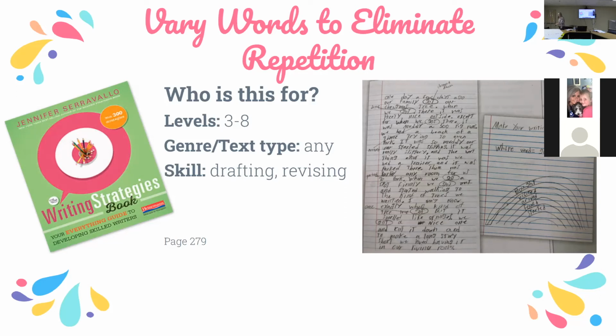And then they're going to put it on their chart paper. Just pick a word in there that's repeated, and maybe just put that word at the top and then write some synonyms on your chart that they could say instead.